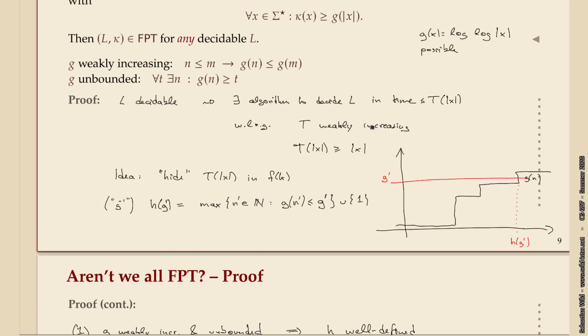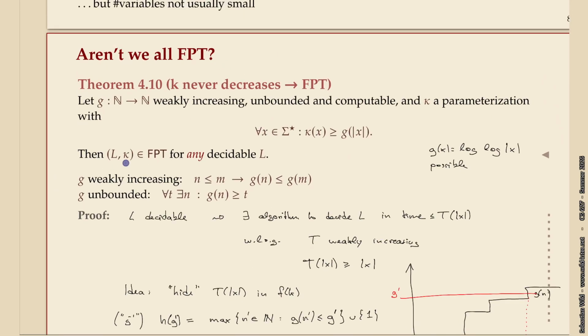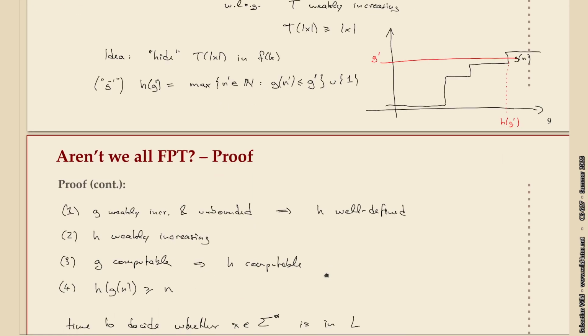We're trying to solve this parameterized problem L kappa. So we're asking, is a certain word in this language L? And I'm claiming that this is an FPT, so that there should be an FPT time algorithm. That's where we are.